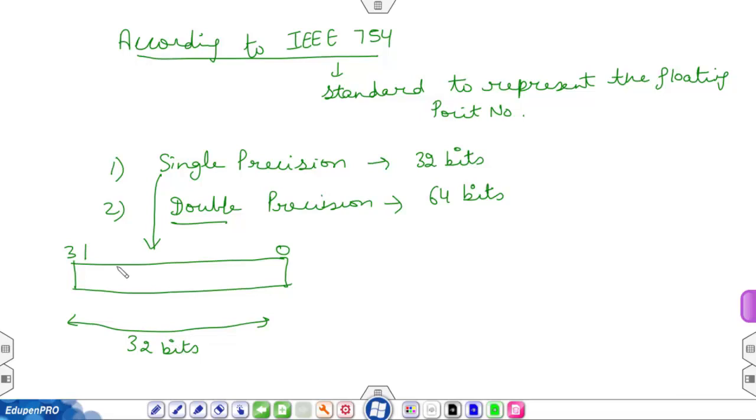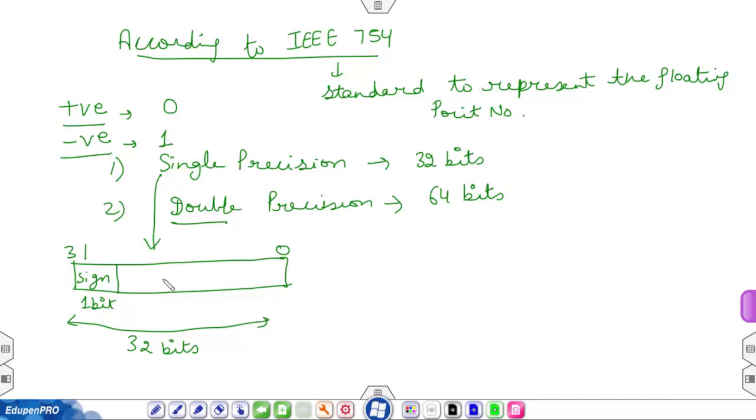Here on the leftmost side, 1 bit is reserved to represent the sign of a number. The sign can be positive or negative. If the sign is positive, the leftmost digit will be 0. If the sign is negative, the leftmost digit will be 1.